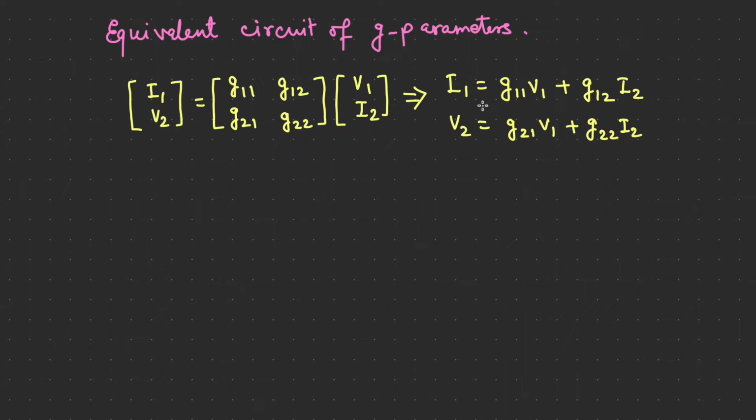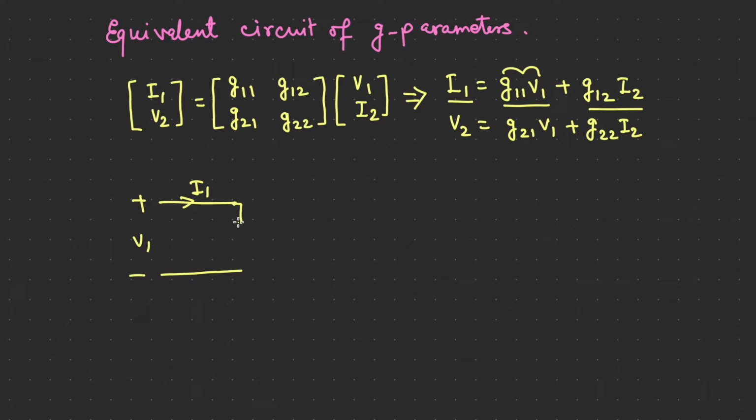So we can see that the first equation is the summation of two different currents, where this current involves a voltage V1. So we can make the equivalent circuit as the current I1 is incoming and voltage V1 is the input voltage. So this incoming current is the summation of two currents.